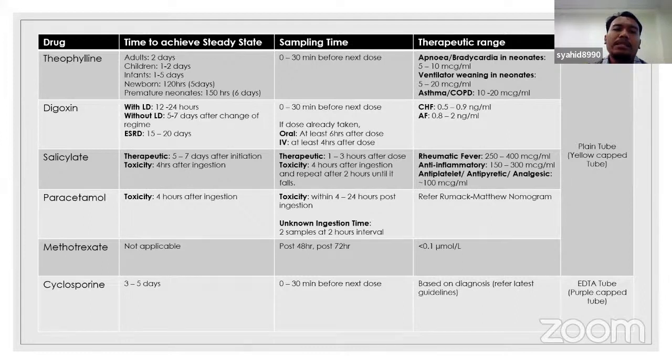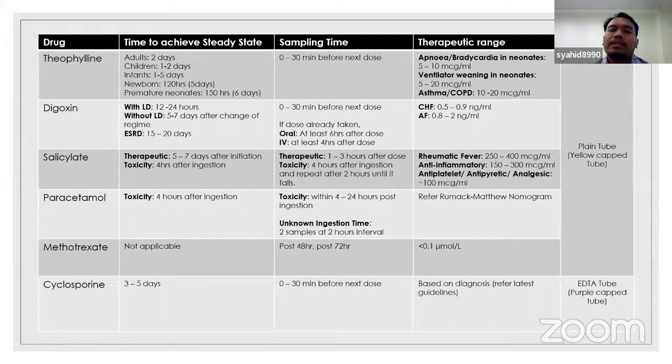Okay, for salicylate, for therapeutics, it will achieve steady state in 5 to 7 days after initiation, and for toxicity, 4 hours after ingestion. It is important to know the exact time of ingestion for salicylate and paracetamol.